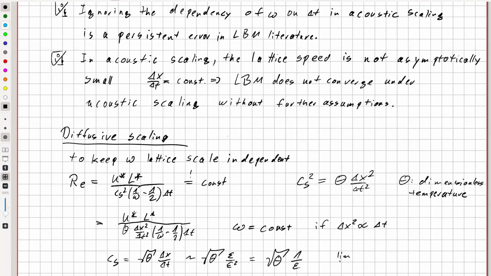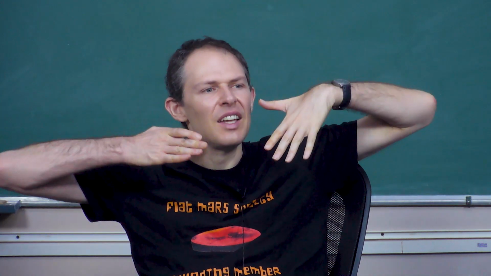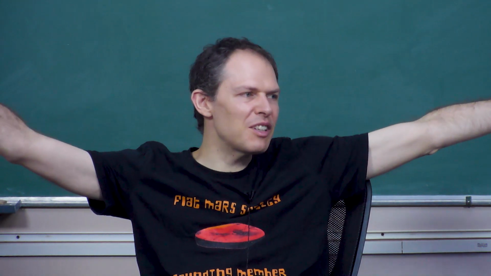And this is the limit for epsilon going to 0, Cs is going to infinity. So this means we send, by this scaling, we send the speed of sound to infinity. When we send the speed of sound to infinity, we send the Mach number to 0. Now we are approximating the flow at Mach number 0. And when we approximate it at Mach number 0, we actually solve the incompressible Navier-Stokes equation. Yeah?